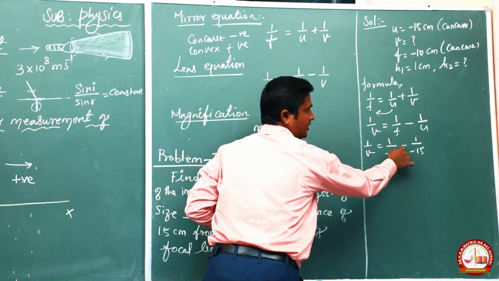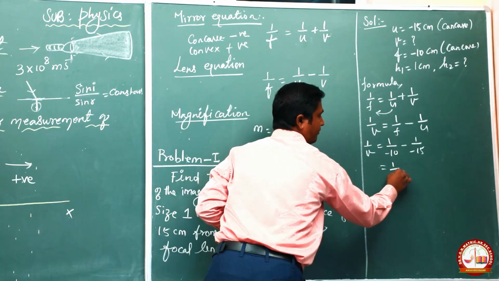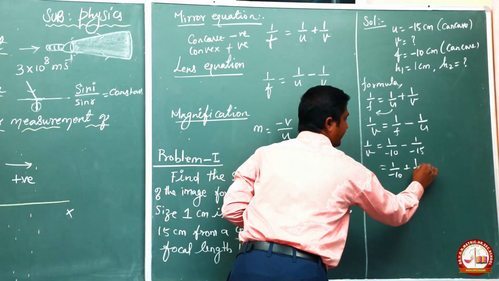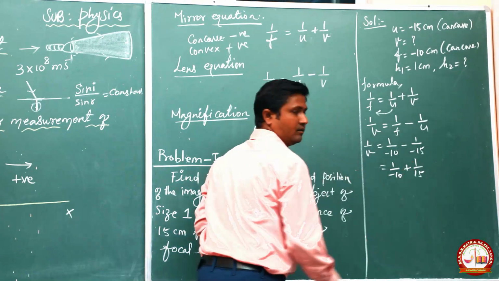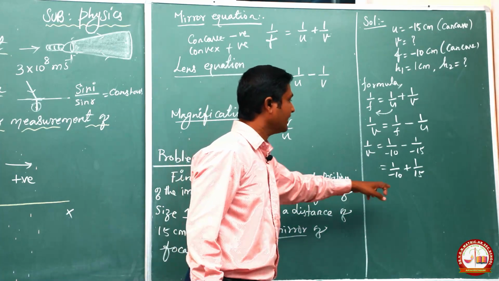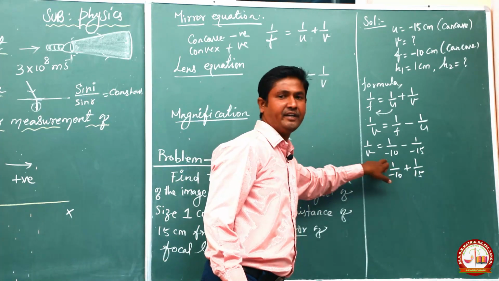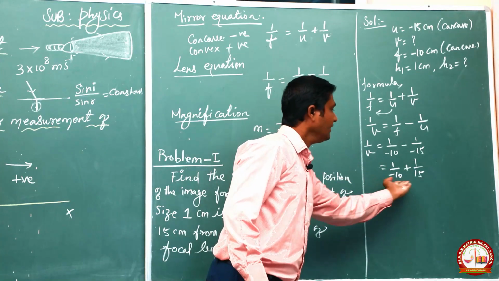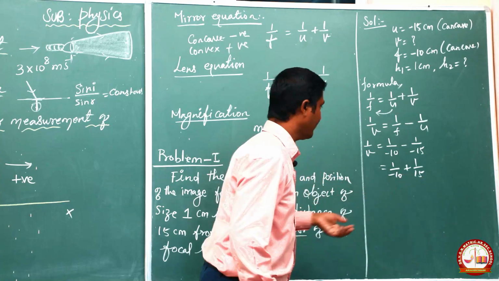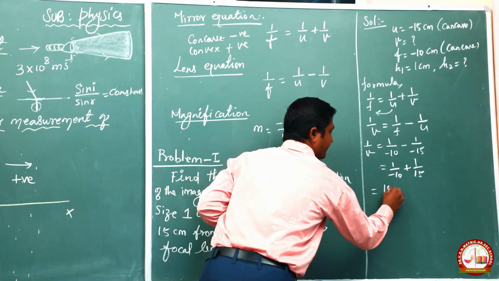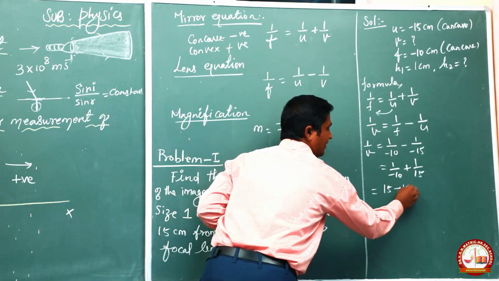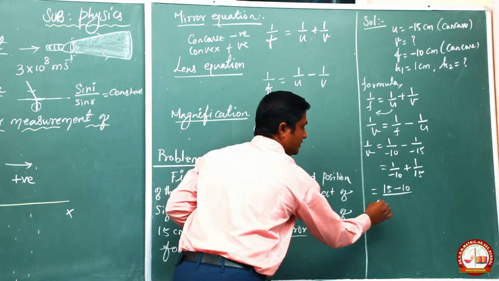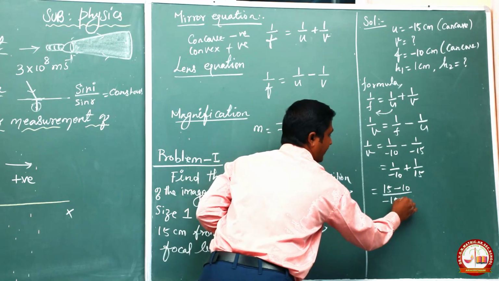Next, minus into minus gives plus. So 1 by minus 10, and minus into minus gives plus, 1 by 15. Next, cross multiply. 1 into 15 is 15, minus 10 into 1 is minus 10. So plus 15 minus 10, divided by the product of both, which is minus 150.